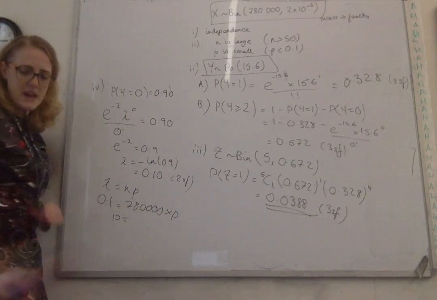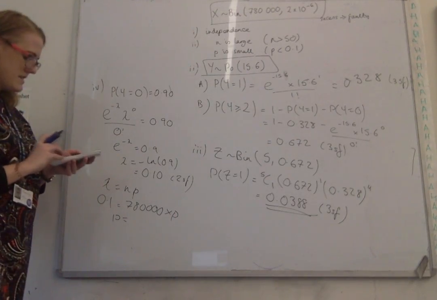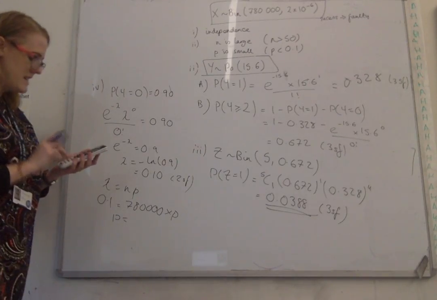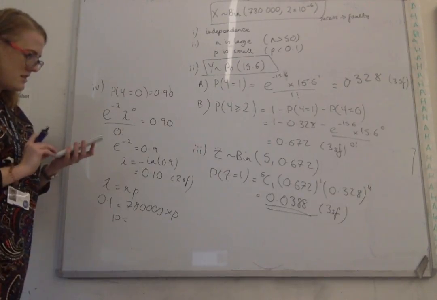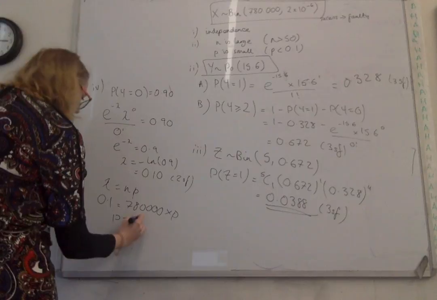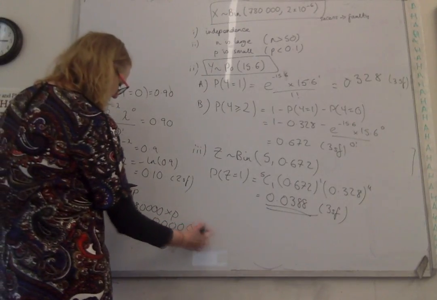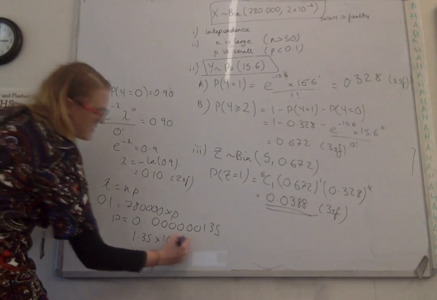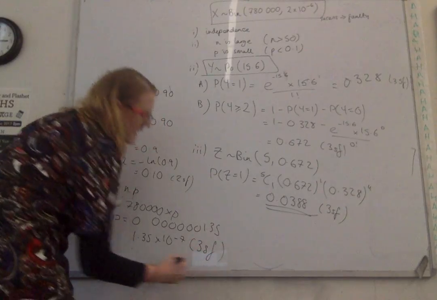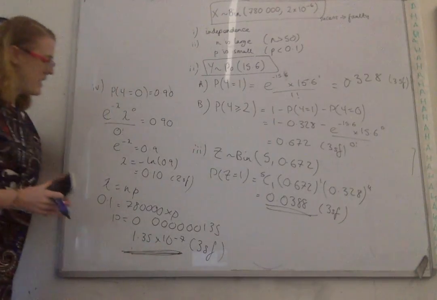So p is just minus ln of 0.9, keeping it accurate, divided by 780,000, and I get 0.00000135, otherwise known as 1.35 times 10 to the minus 7 to 3 significant figures. That is the probability that we are looking for.